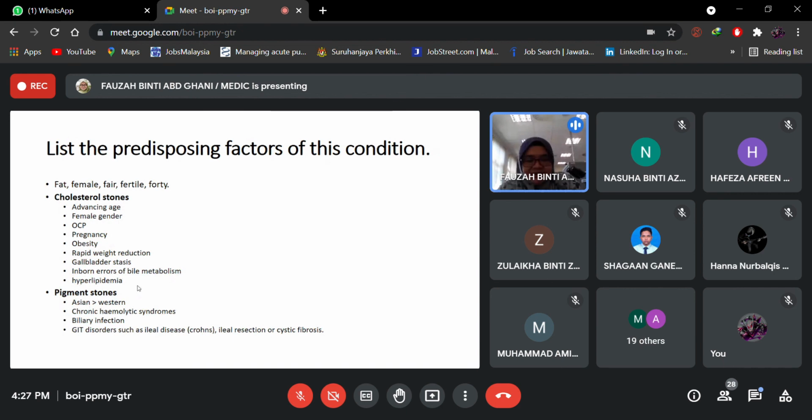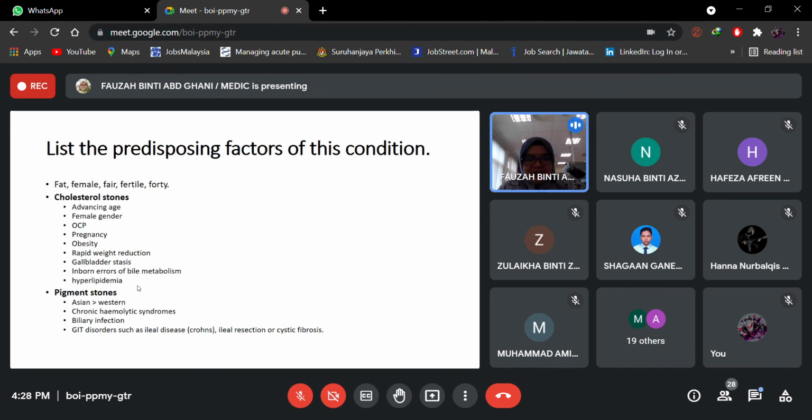So the increase in bilirubin, like for example in chronic hemolytic syndromes or chronic hemolytic anemia, whereby we have increase in the unconjugated bilirubin, kan, right, and then also infection.